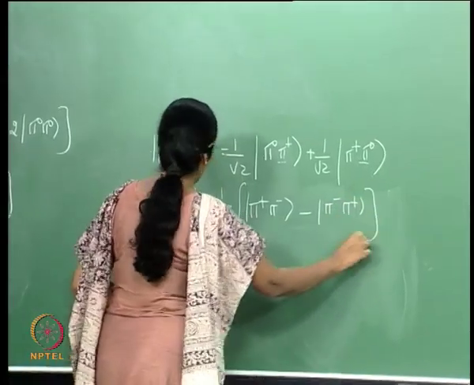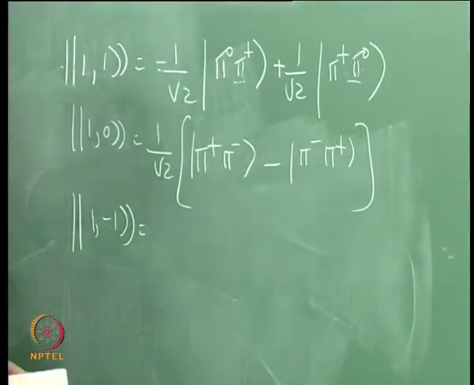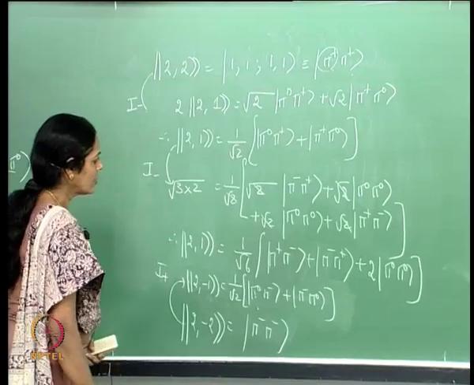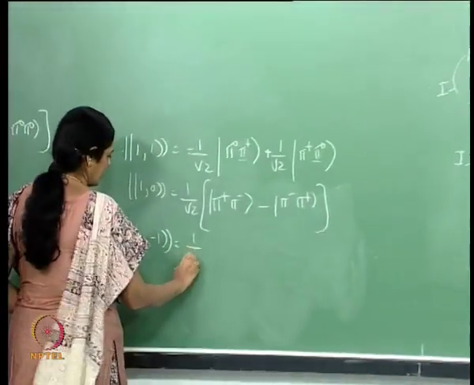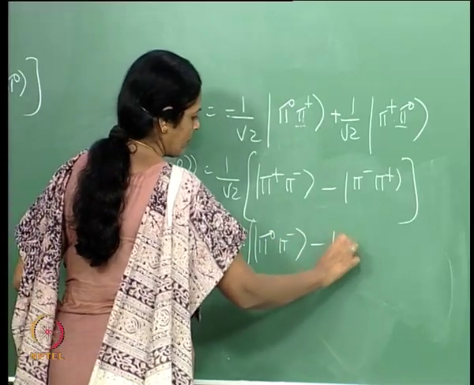These are the two antisymmetric states. And 1 comma minus 1 is out there, it is 1 by root 2 pi 0 pi minus minus pi 0.